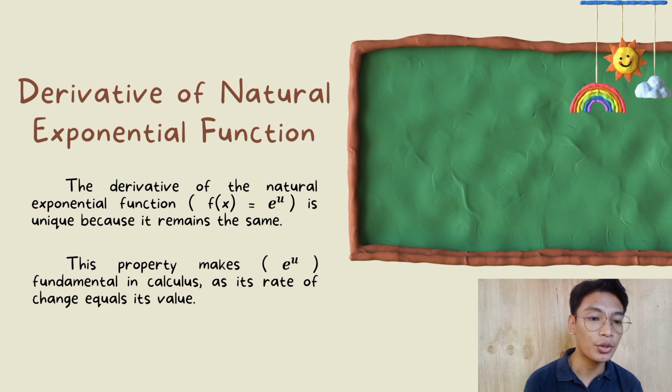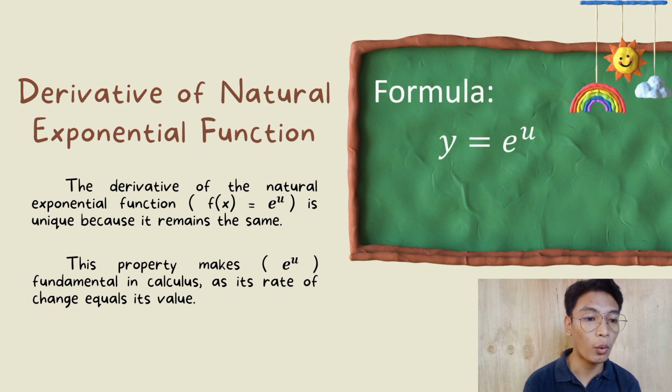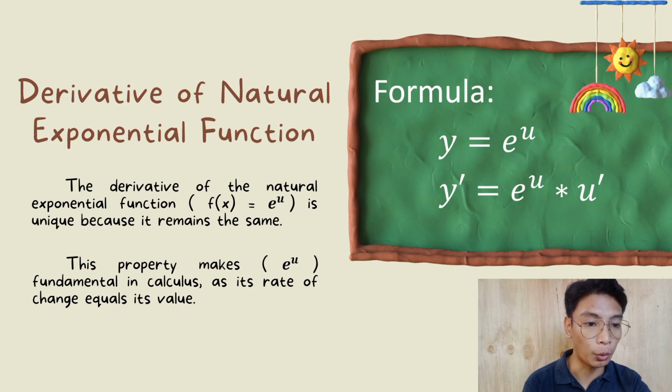So, if we have the function y equals e raised to u, the formula is y prime, or the derivative of y with respect to x, equals e raised to u multiplied by the derivative of u.